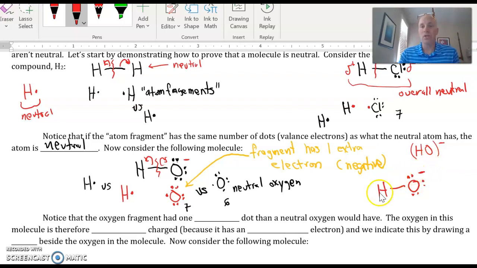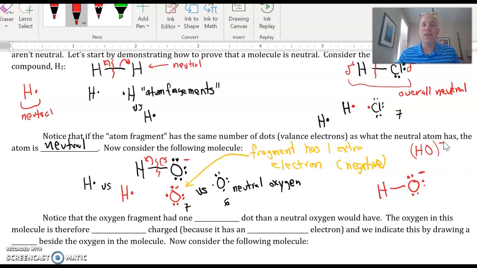You can either write it like this, where you draw the charge beside the atom that has the charge, or if you just want to say the molecule overall has the charge, you can put the formula in parentheses, or actually you don't even have to put the formula in parentheses, but you can just put a charge on the outside to represent the charge on the overall molecule.